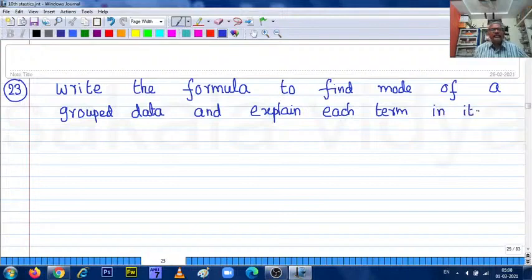So first let us write the formula to find the mode of a grouped data and then explain each term in it.